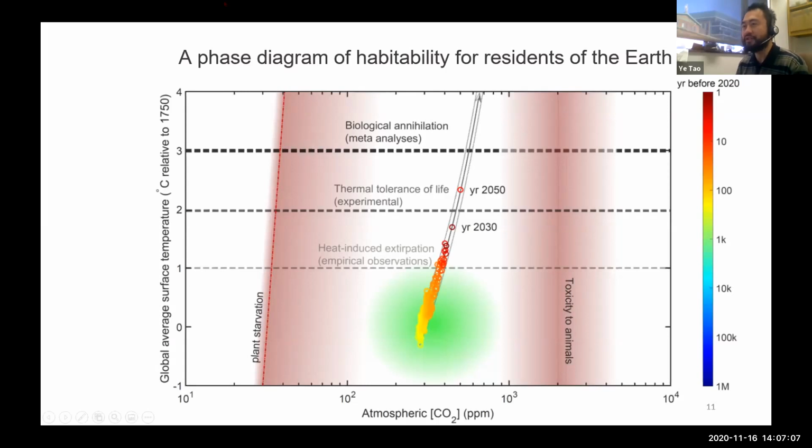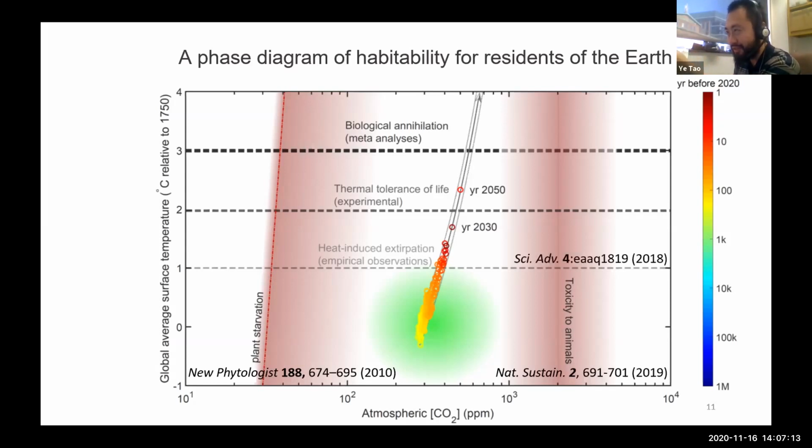On the temperature axis, 1 degree seems to be a good experimental parameter to use, and people have studied that. And locally, one can already observe species disappearing when you experimentally subject plants to a sustained 1 degree Celsius increase over several years.